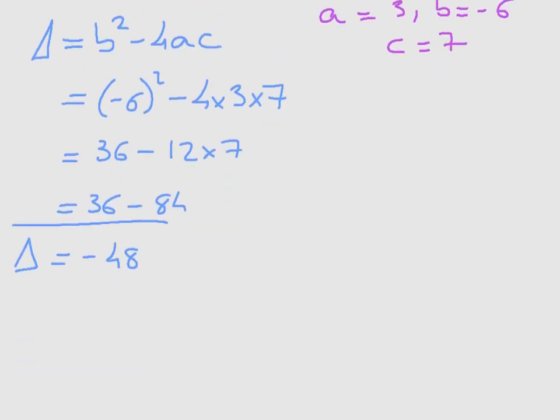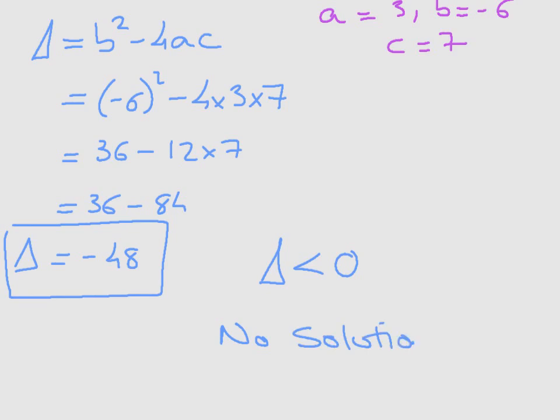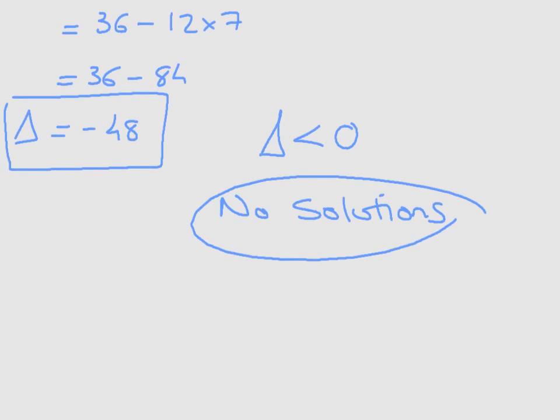So delta is negative 48. Now in this case, we can see that delta is negative. And when this happens, there are quite simply no solutions. So remember, if delta is negative, there are no solutions.